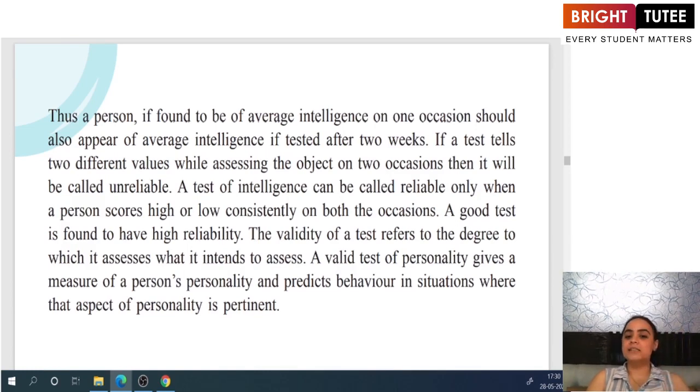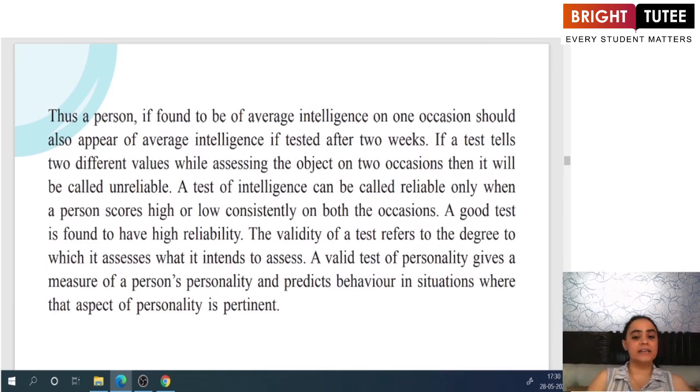Now, the validity of a test refers to the degree to which it assesses what it wants to assess. As I said, if I want to assess the beauty quotient of a person, my test would be called valid if I am able to assess that accurately.